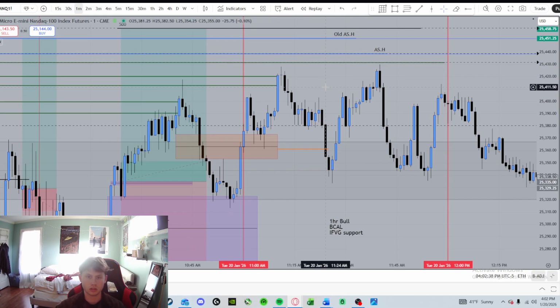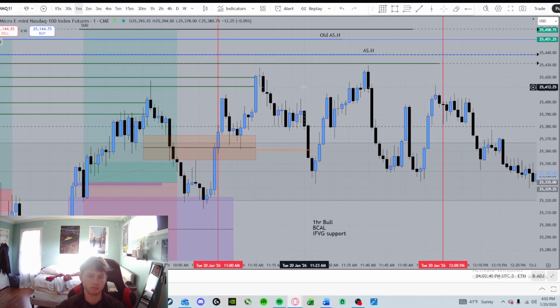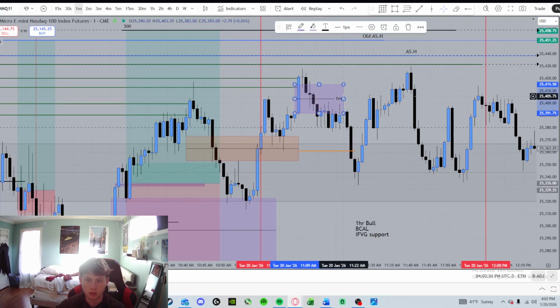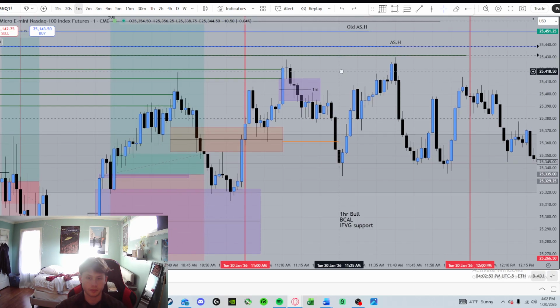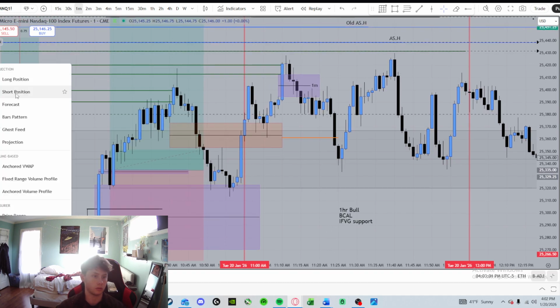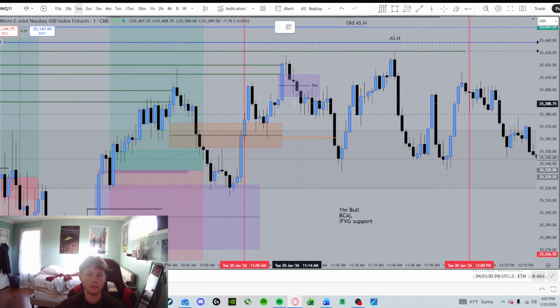He uses a 1-to-1 method in an inverse model. So you take this 1 minute, oh, not 1 hour, 1 minute fair value gap. Support from the 1 hour, 5 minute confirmation. Once it goes up in the 5 minute, you're looking for a 1 minute reversal.